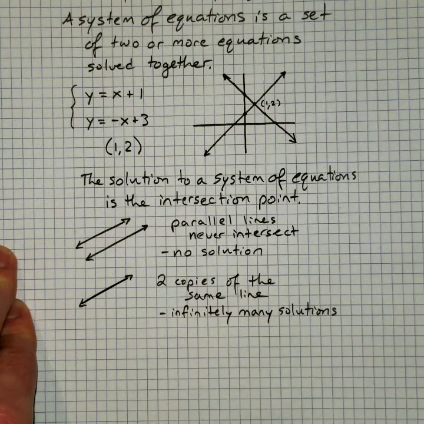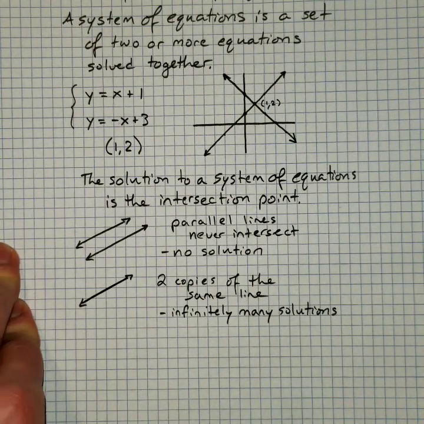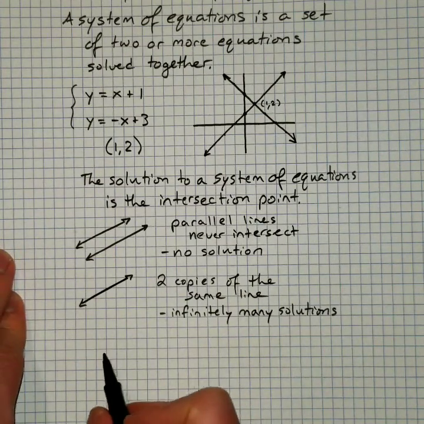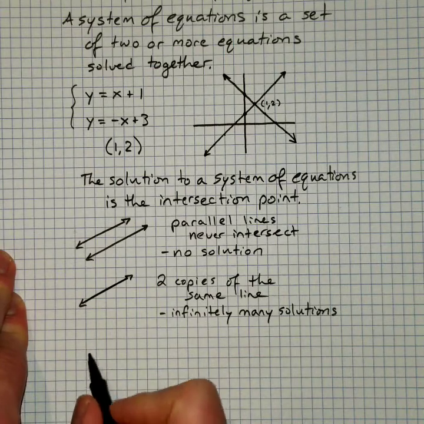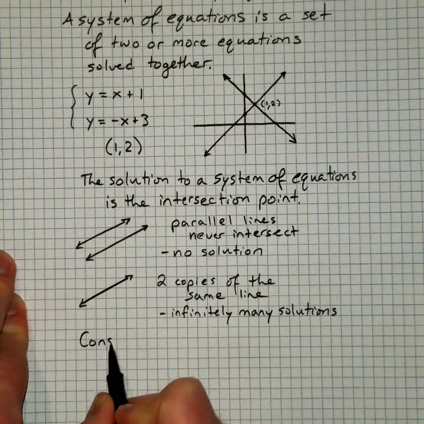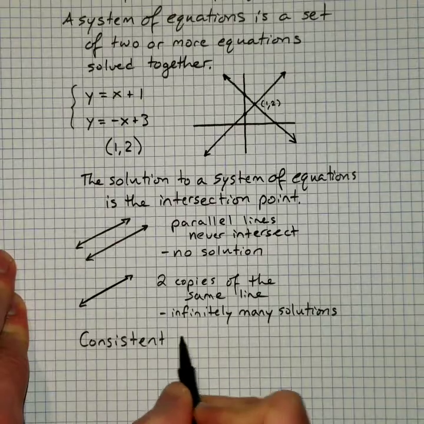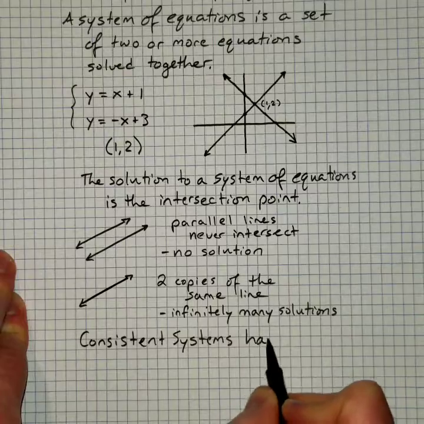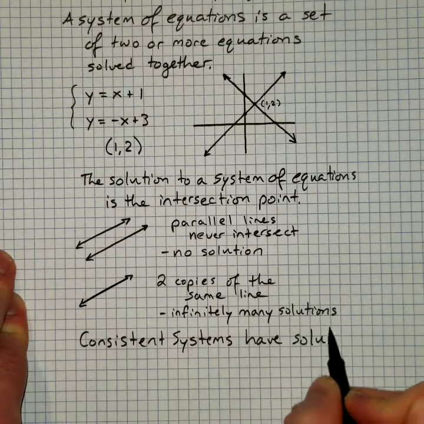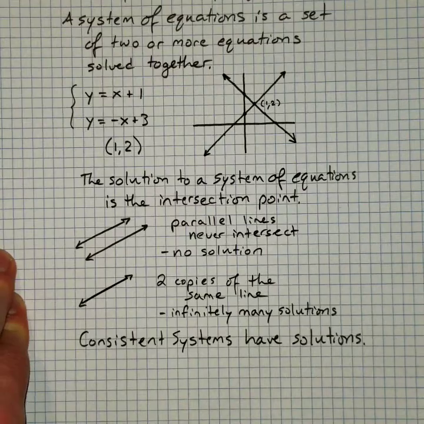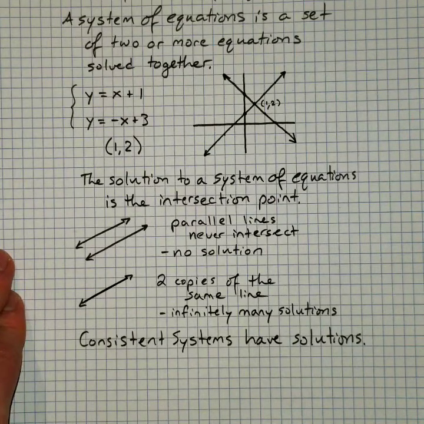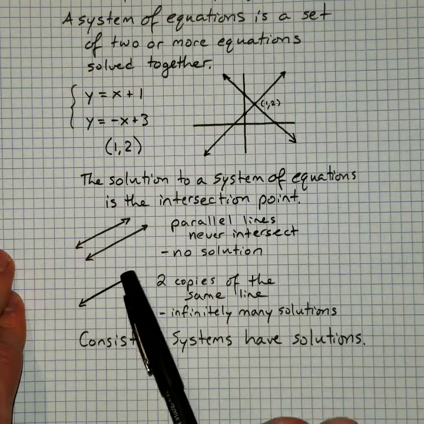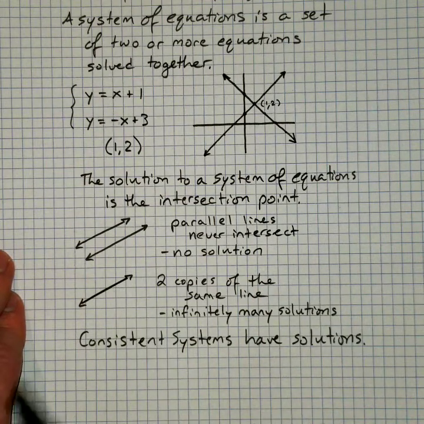So because these are the only three situations you can have, we have names for them. And I'll give you a couple definitions here. First one is a consistent system. Consistent systems have solutions. A very basic definition, but that would include the one solution case and the infinite solution case.